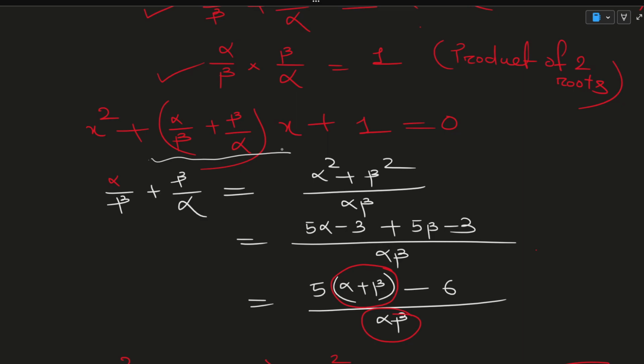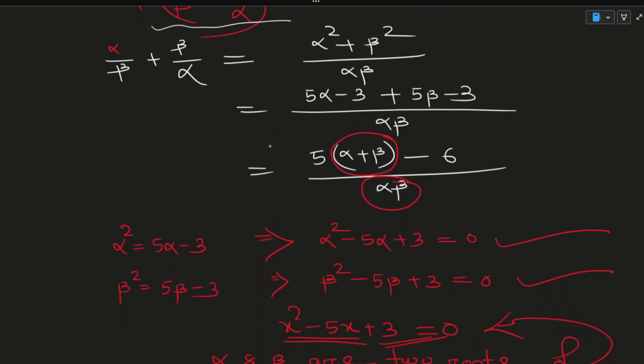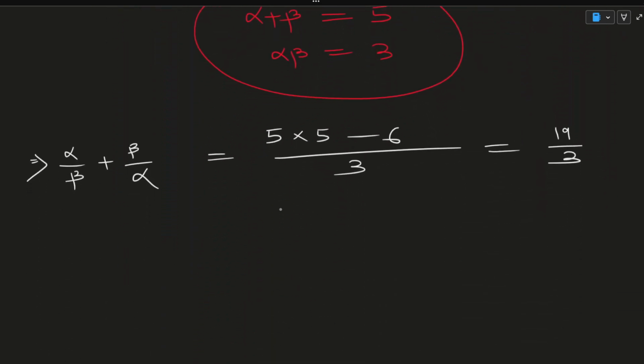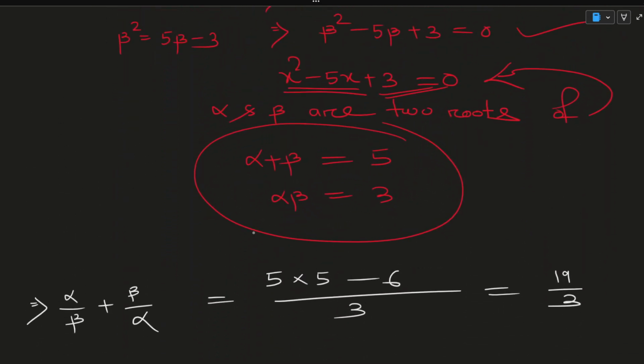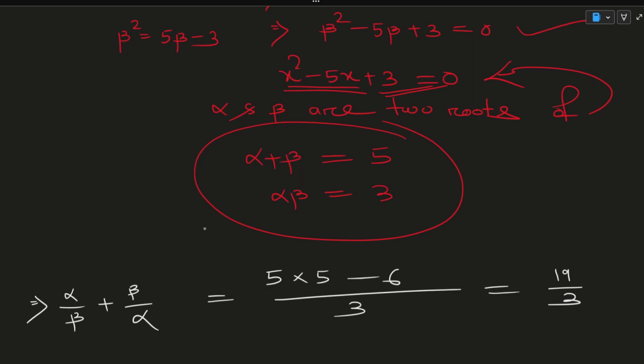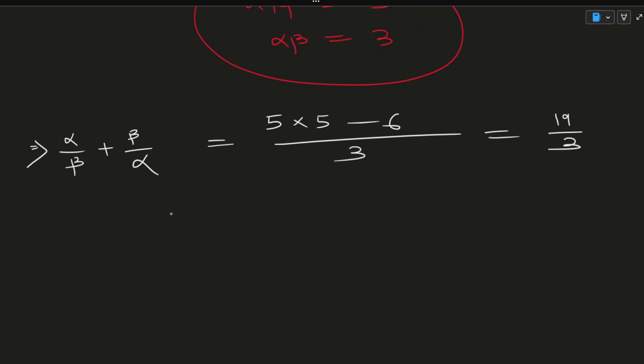So it will be x square minus the sum of roots, alpha plus beta, and the product is 1.